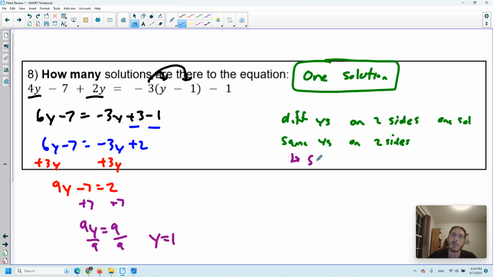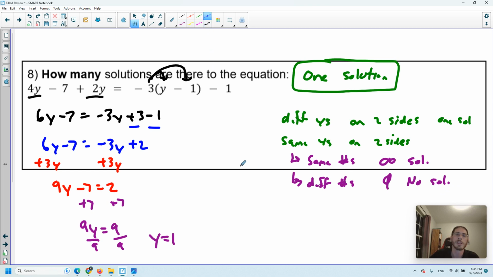If the numbers are the same, then we have infinite solutions. If we have different numbers, we have no solutions.